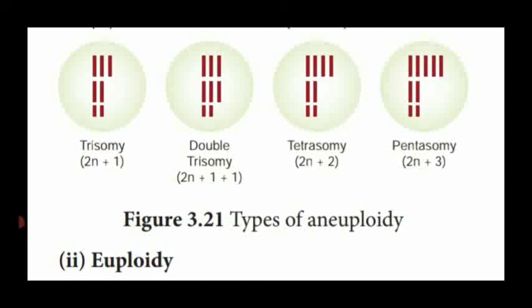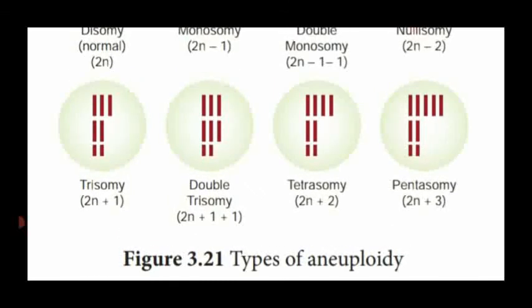To the diploid set we are adding one pair of chromosomes, that is 2, 2n plus 2, said to be tetrasomy. Then pentasomy. Along with the diploid set, we are adding 3 individual chromosomes, known as pentasomy. Formula 2n plus 3. So these are the different types of aneuploidy, that means hyperploidy and hypoploidy.